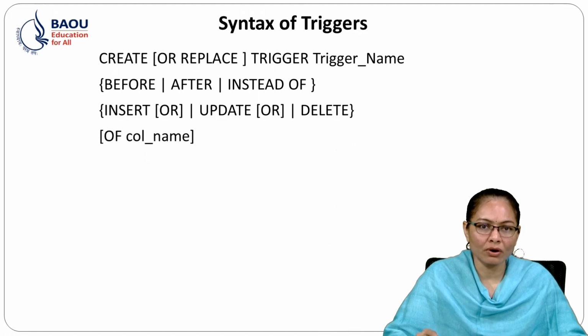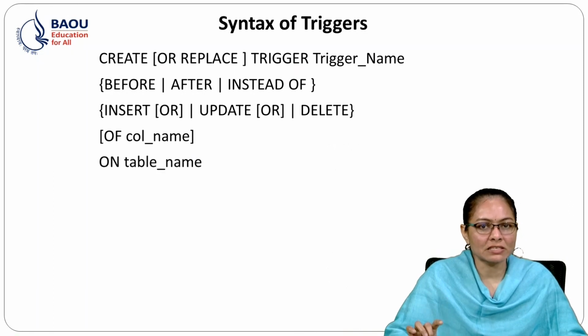Next is the of column name. It means it is used when the trigger is to fire only when a specific column is updated.